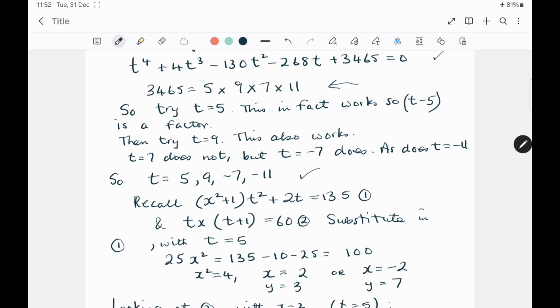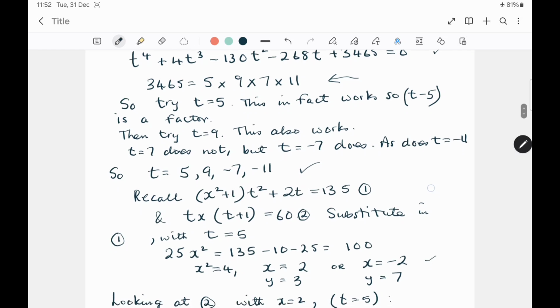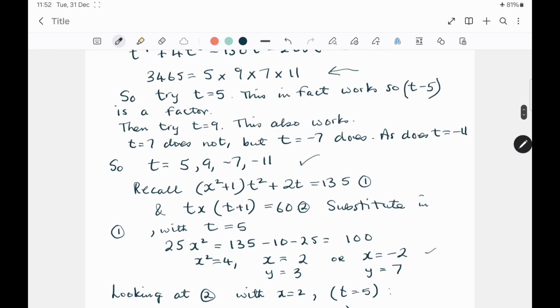So x squared will equal 4, and x will then equal 2, or x will be minus 2. And the corresponding values of y, because they have to add up to 5, will be 3 and 7.